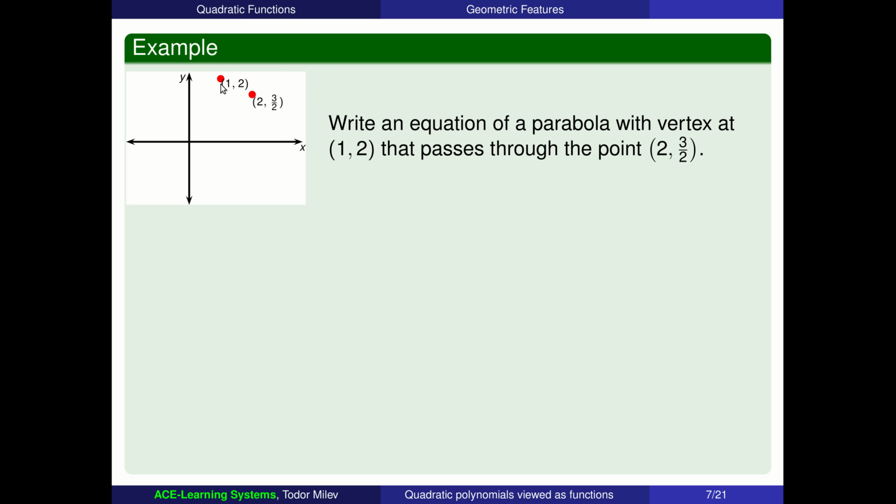First, the point with coordinates 1 and 2. So its x-coordinate is 1. So if I drop a perpendicular from the point to the x-axis, this will be the number 1. And this here would be the number 2. And then we have the point whose x-coordinate is 2, and its y-coordinate is 3 halves.